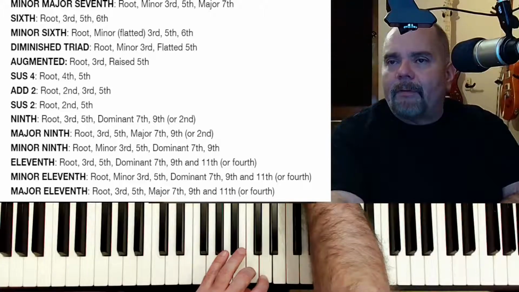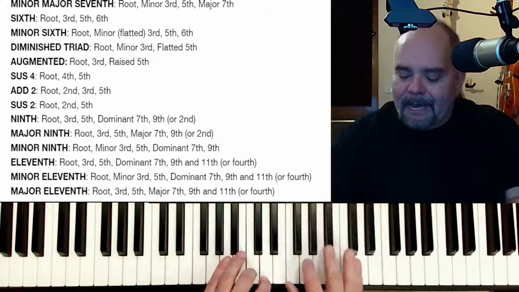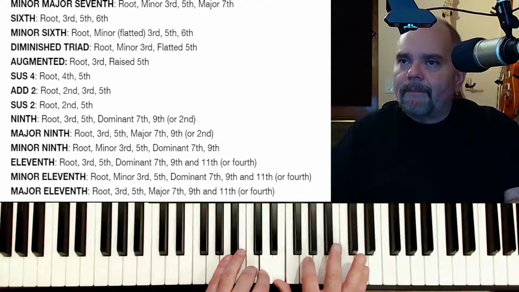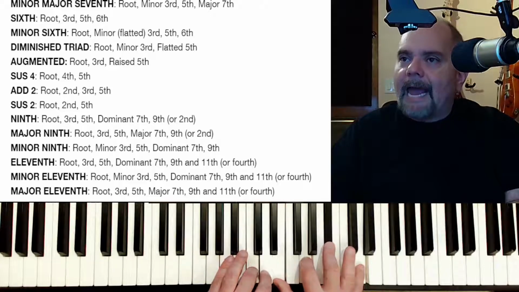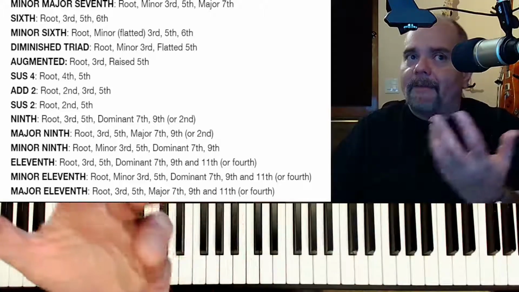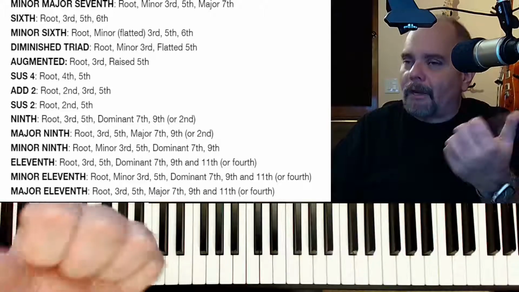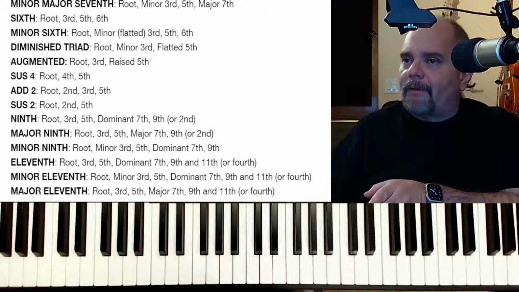In an 11th chord, you add the root, the 3rd, the 5th, the flatted 7th, the 9th, and the 4th, which is also the same as the 11th if we do the math. 1, 2, 3, 4, 5, 6, 7. You just count your way. 4 and 11th are the same.